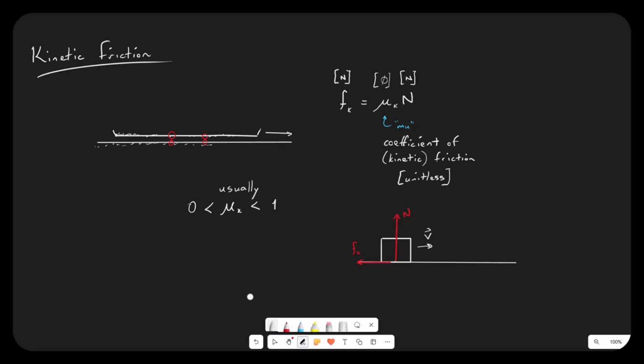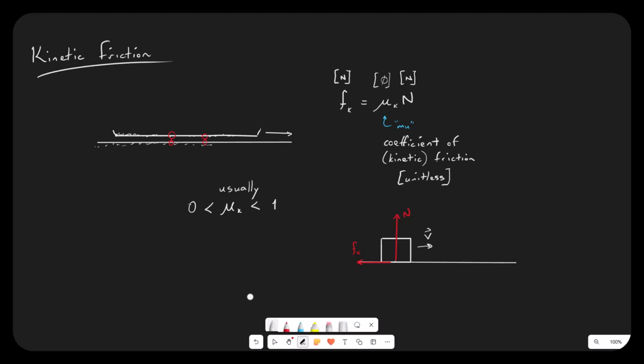That coefficient of friction is something that depends on, as I was saying, the surface, but it depends on the relative items. So a rubber eraser on a wooden surface is going to have one coefficient of friction. The same rubber eraser on a glass surface is going to have a different coefficient of friction.